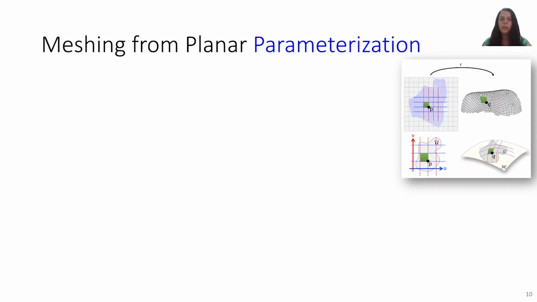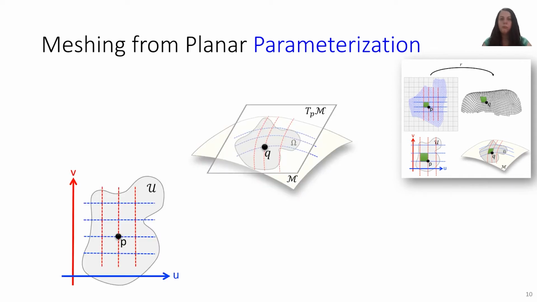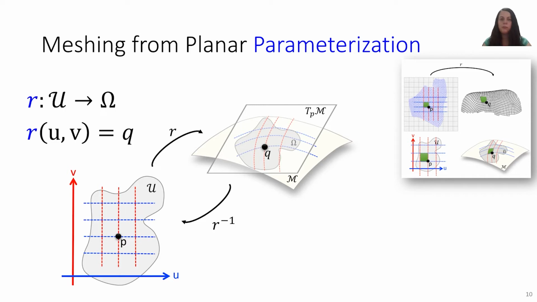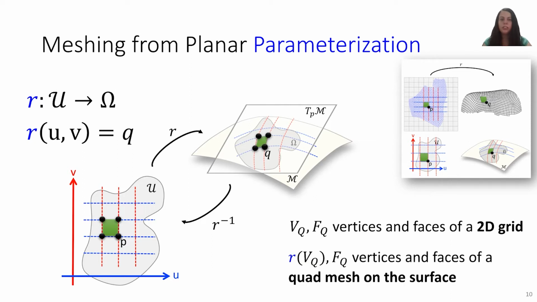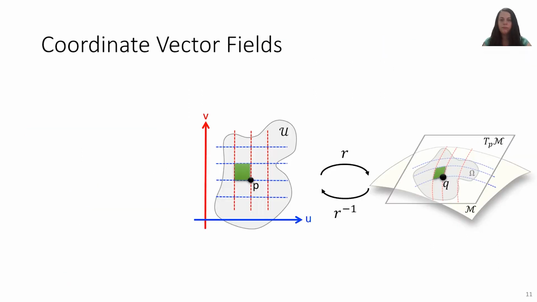Mathematically, we define the parameterization in the opposite direction. So, given a planar domain U, we map it using a parameterization R to a surface domain omega. Given the vertices and the faces of the 2D grid, we take the images of the vertices on the surface as the new vertices, and the same faces, and get a quad mesh on the surface.